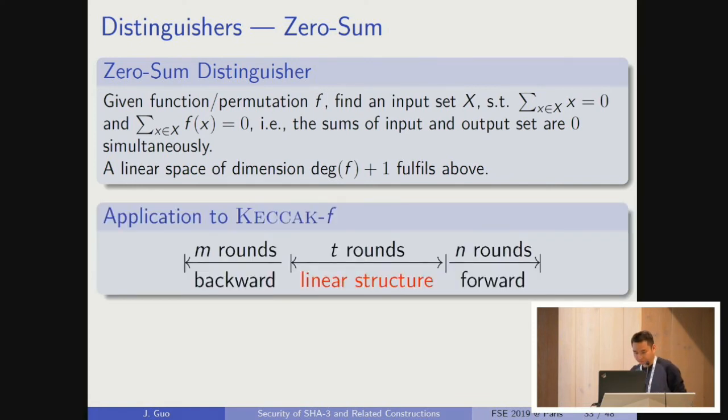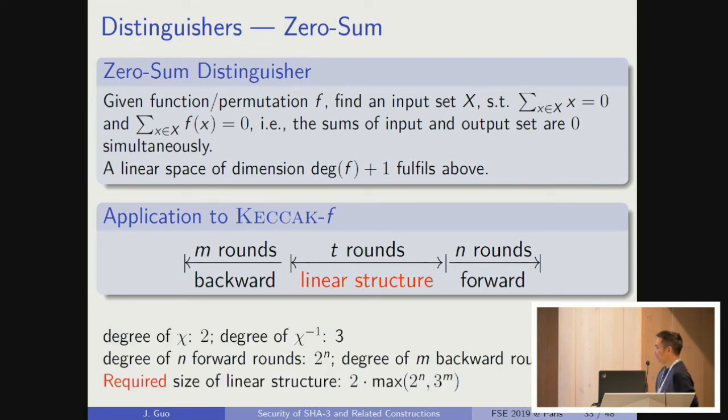So what we do is we start with a linear structure of t rounds in the middle. We propagate this backwards for m rounds and forwards for n rounds. For forward and backward rounds, depending on the round number, the algebraic degree is fixed. For forward n rounds, the algebraic degree is 2^n.